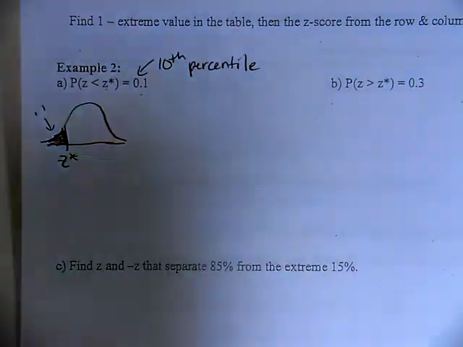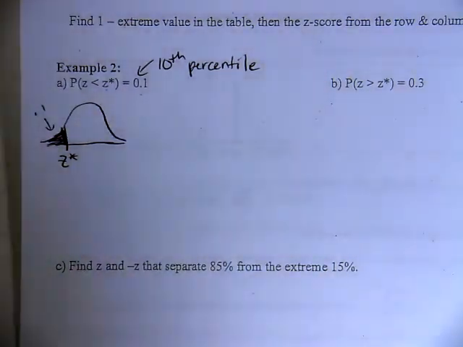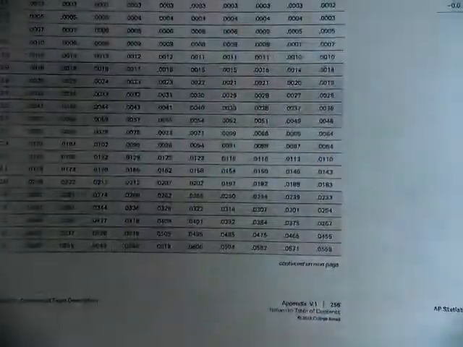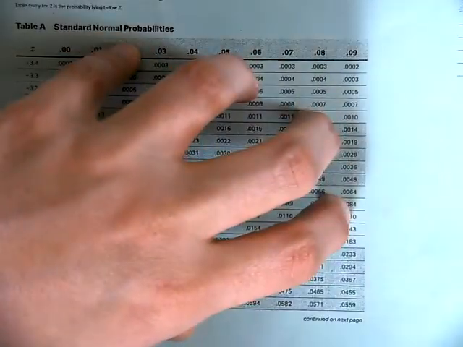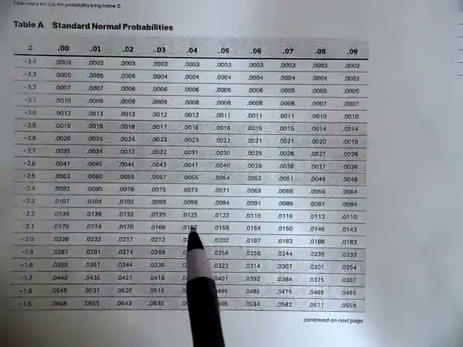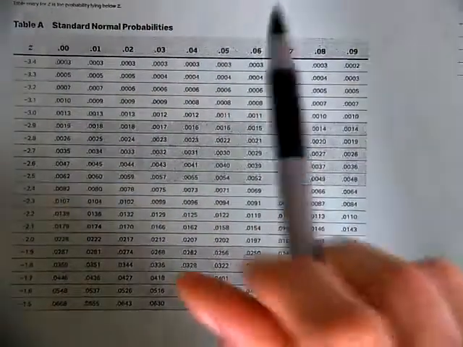So you go to your formula sheet, flip it to the negative side, and look inside the table to get as close to 0.1 as you can, and then look at the z-score.